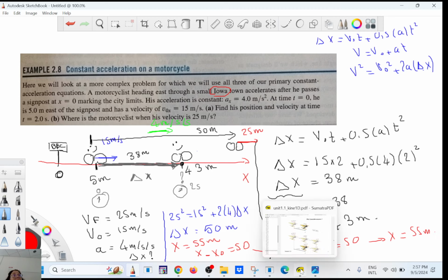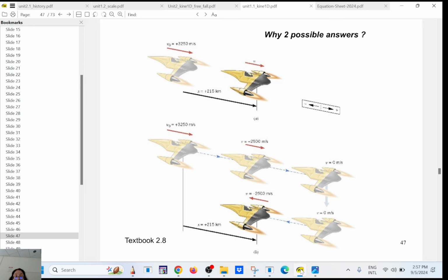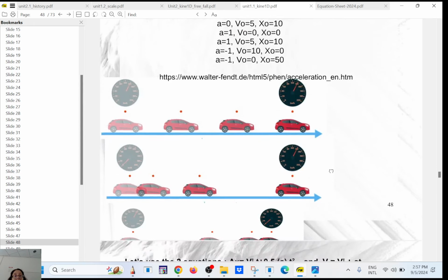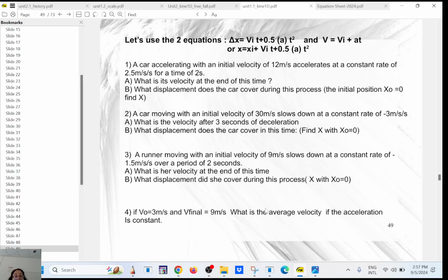Okay, any question? Okay, so the app, I'll do that later. Okay, now easy. Let's practice. Let's do number 2. So these are easy.